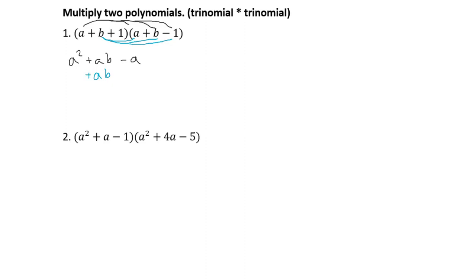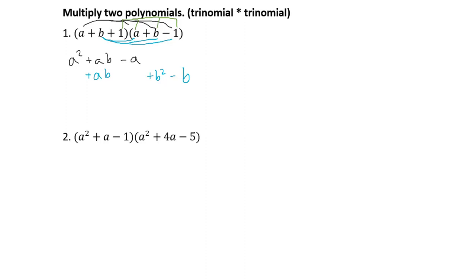So again, I'm going to line them up and vertically stack them. b times b is b squared, and b times negative 1 is negative b. And then I'm going to do it with the 1, and multiplying by 1 is not bad because it's just the same thing, just rewritten.